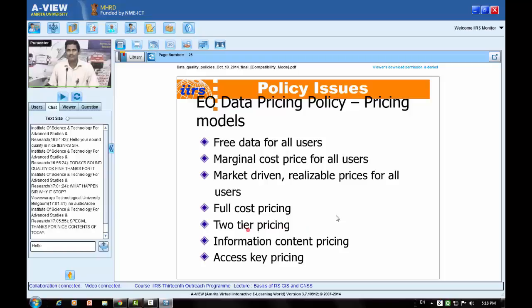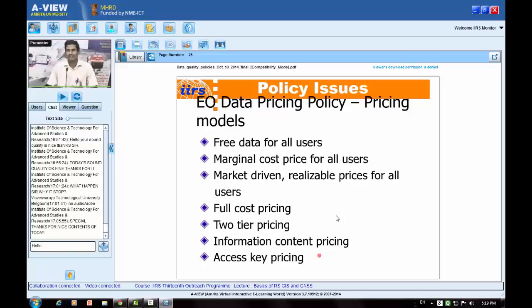And then two-tier policy. Suppose for university users it is different, academic, and for commercial it is different. So that becomes a two-tier policy. Information content pricing. Suppose I want something in a small area, but because of the way the product is generated, they cannot go with a minimum size. They go with a bigger size, maybe one topo sheet size.